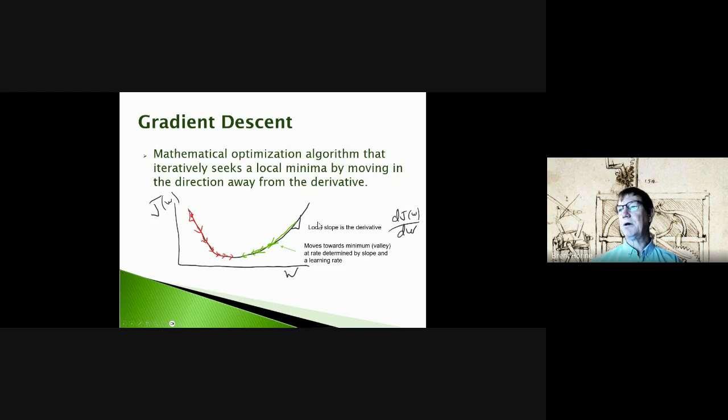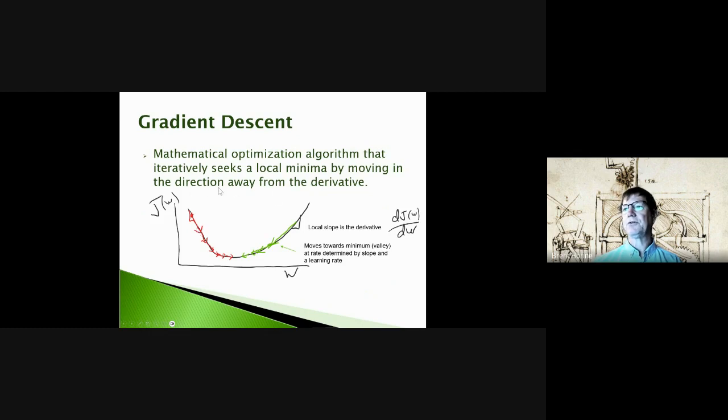So suppose with some other random initialization of parameters, we ended up over here on our cost function versus our W here. And so now we're going to have a negative slope. So we're going to move in the positive direction, right?